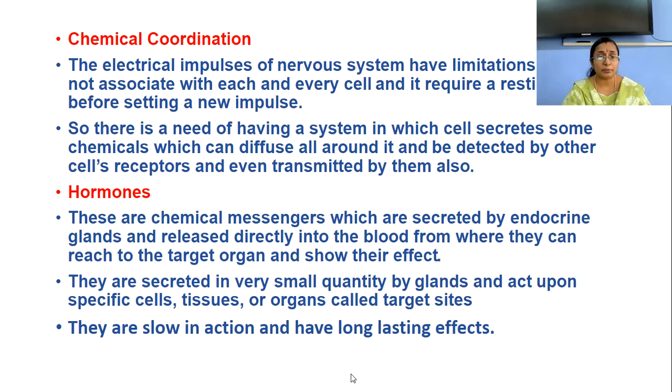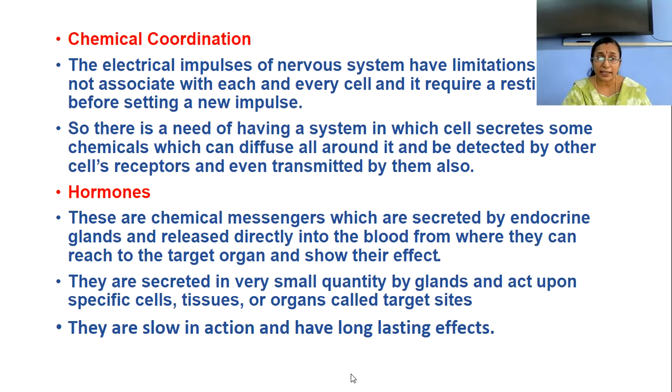Some movements will be quite fast, like that of the touch me not. Some movements may be slow, like that of the growth movements. So if all these movements have to take place within a specific time, and there is no nervous system involved, there should be some other system that is involved in getting these functions done. So that's where chemical coordination comes into the picture.